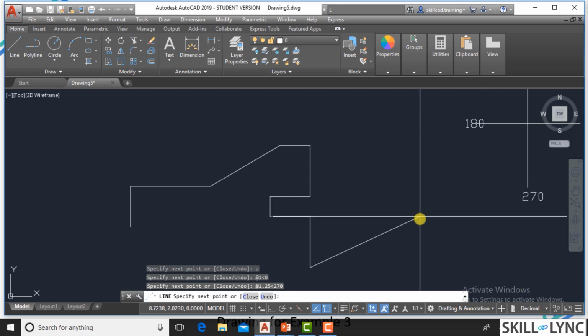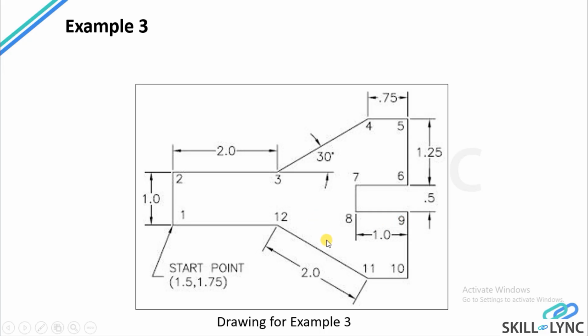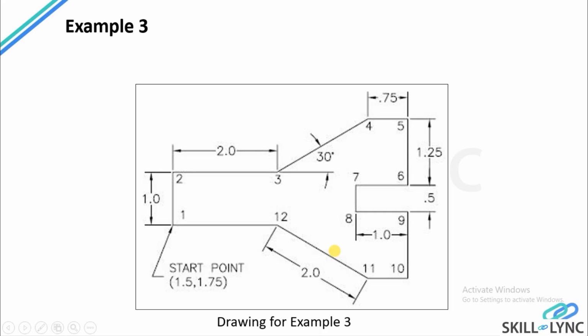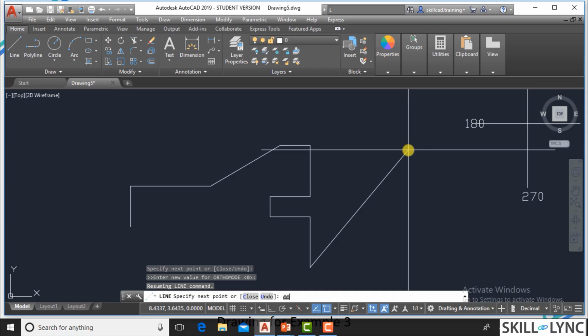So now you take a screen capture from your phone or anywhere, you can always have it. The length is 2 units. Now you have to go in the left 1.75, you have to go over here, and so @0.75<180.